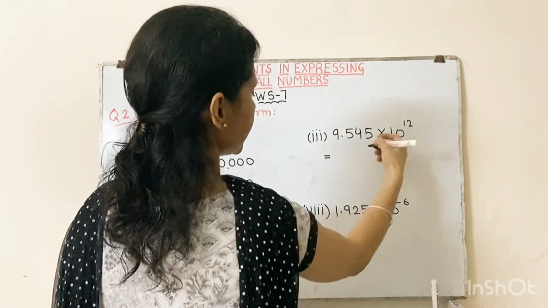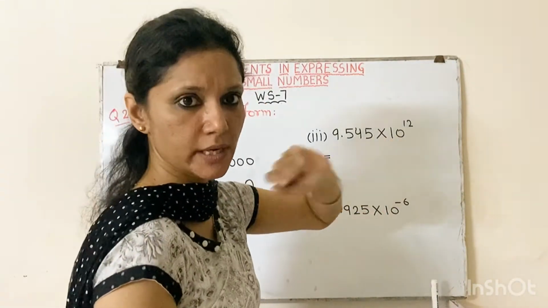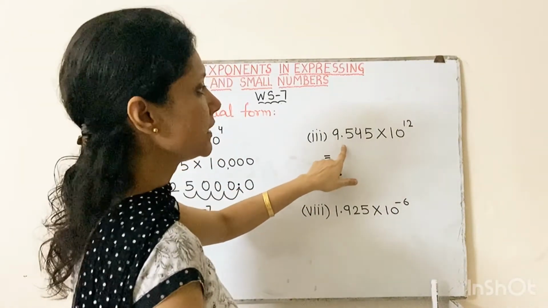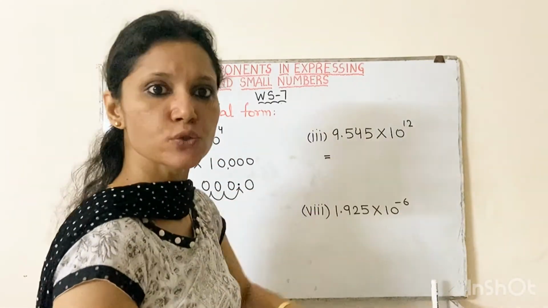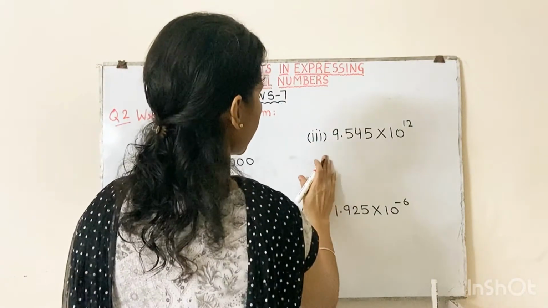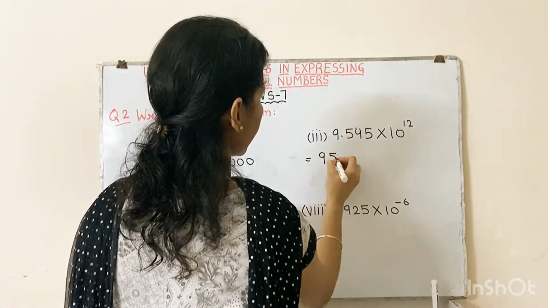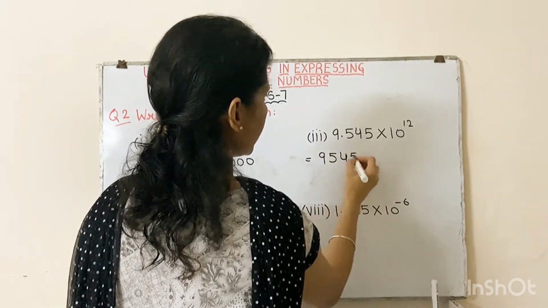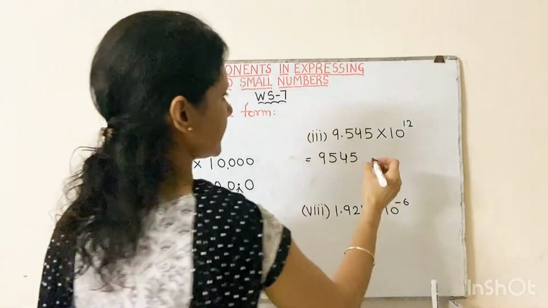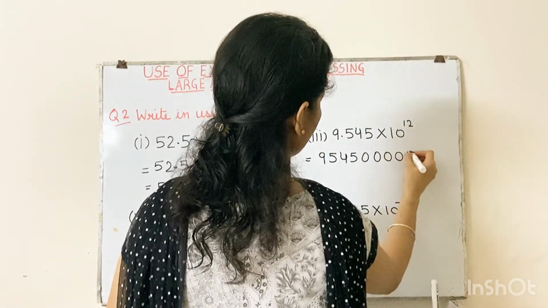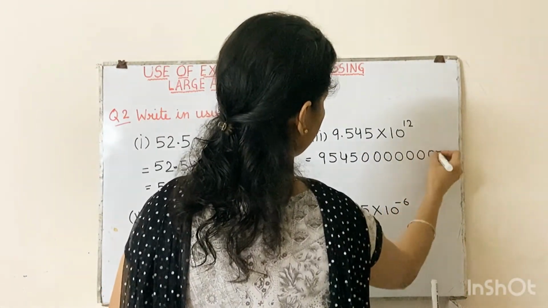Another part, third part, 9.545 multiplied by 10 raised to the power 12. So now instead of writing 12 zeros here, I know that if the zeros are 12, I need to move the decimal 12 places towards the right. So what I would do is write this number 9545 and put some zeros on the right hand side. 1, 2, 3, 4, 5, 6, 7, 8.